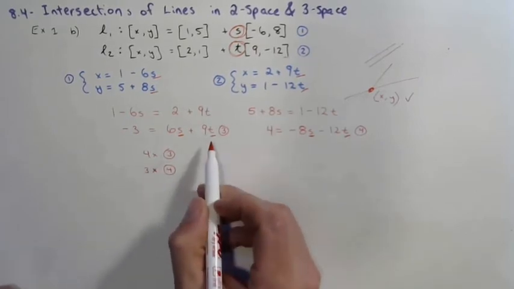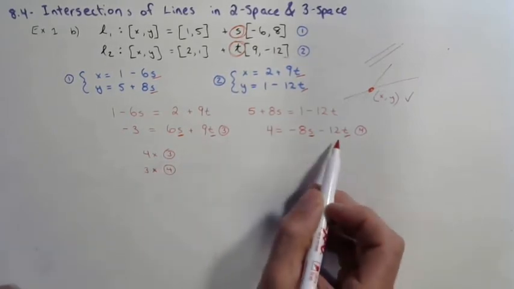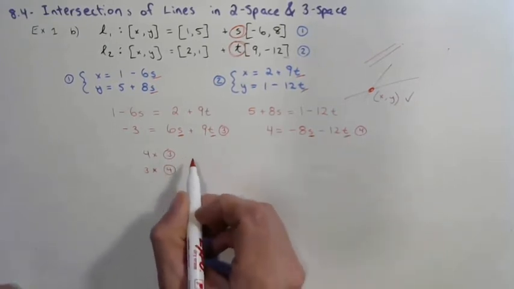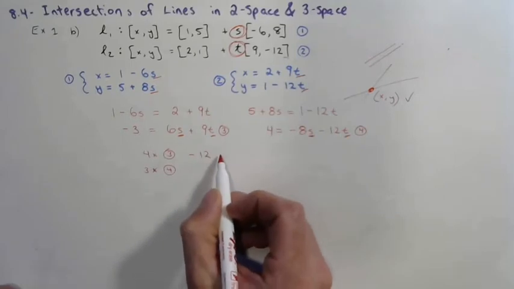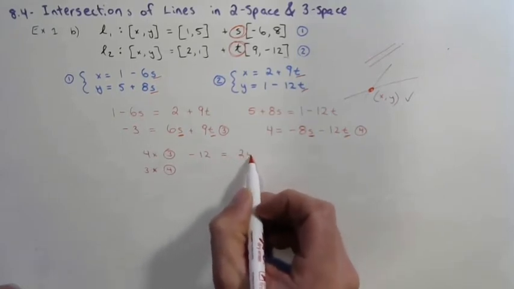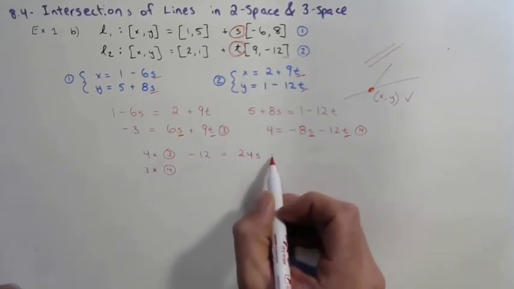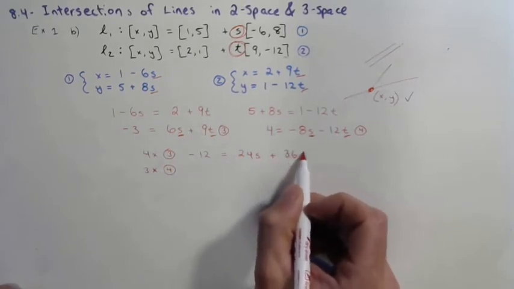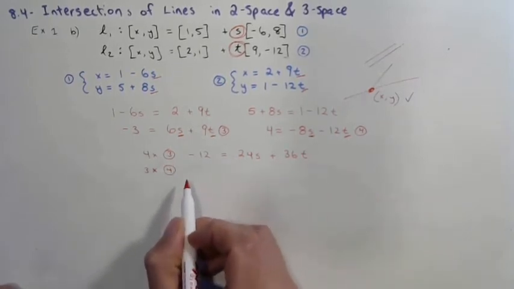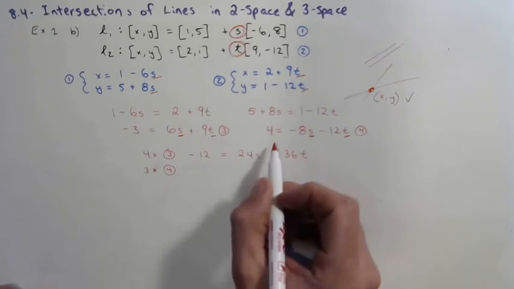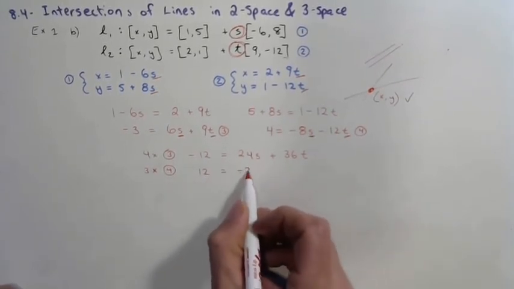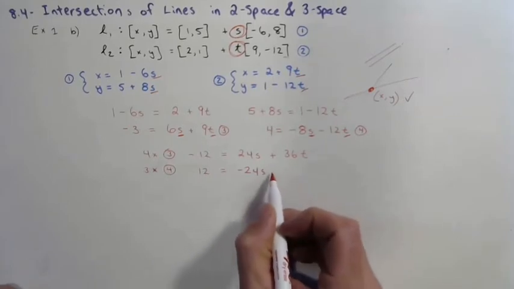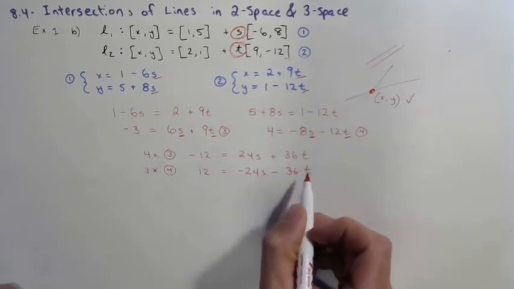That's going to give me a numeric value of 36 in front of each of my t's. So multiplying by 4, we get negative 12 is equal to 24s plus 36t. Multiplying equation 4 by 3 gives me 12 equals negative 24s minus 36t.